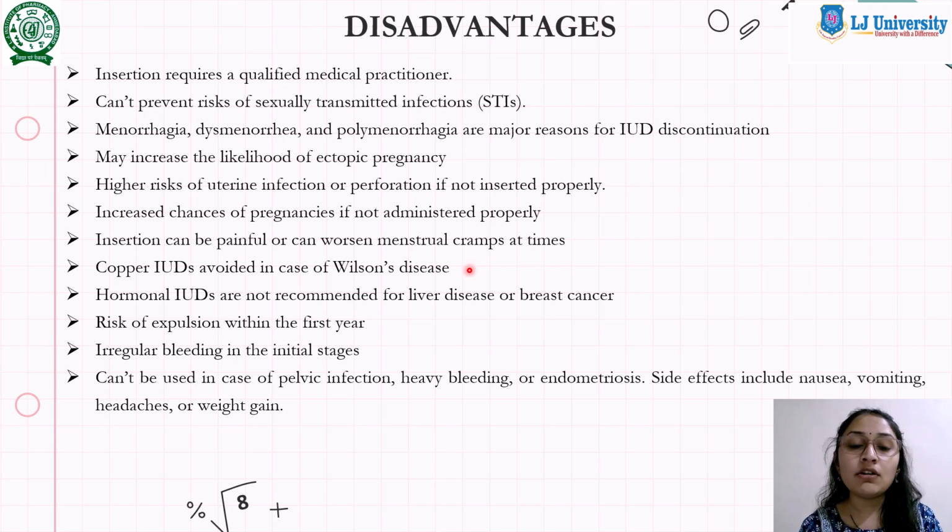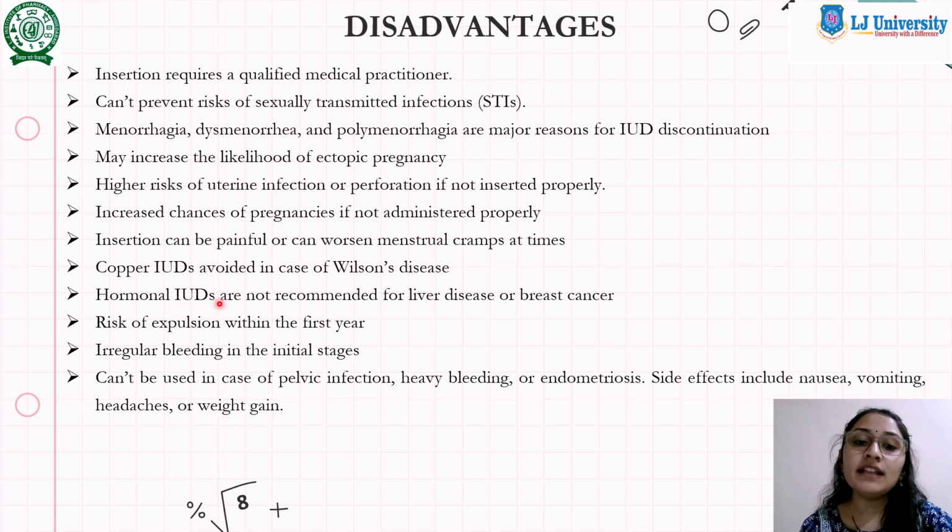Wilson's disease is a rare disorder in which copper levels build up in certain organs, more specifically the brain, kidneys and eyes. In such cases copper IUDs should be avoided, and you can go for hormonal IUDs. This is the disadvantage of copper IUDs.